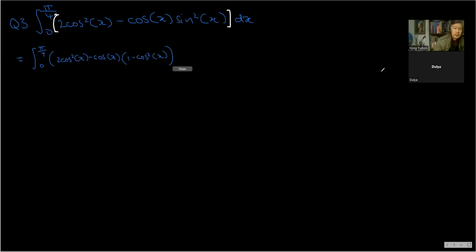Yeah, you convert them to the cosine. The cubic. Cosine square cubic. Yeah, it's cubic. That's right.